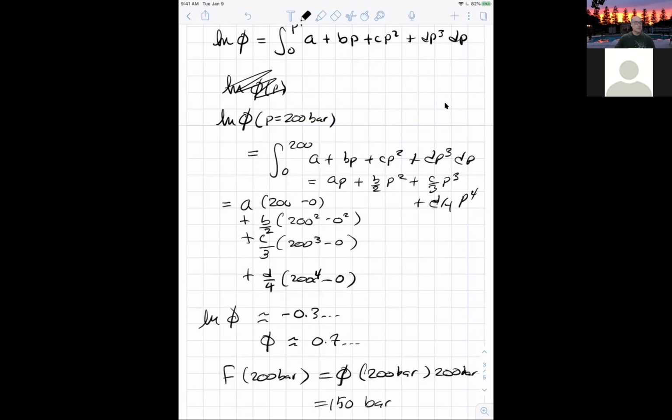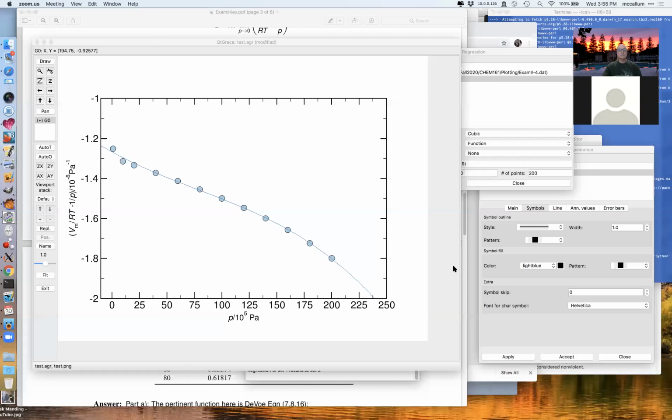We also did all this Grace stuff to try to figure out how to do Grace. The other plot is much more straightforward, because all you have to do there is a linear regression and just read the data in directly.